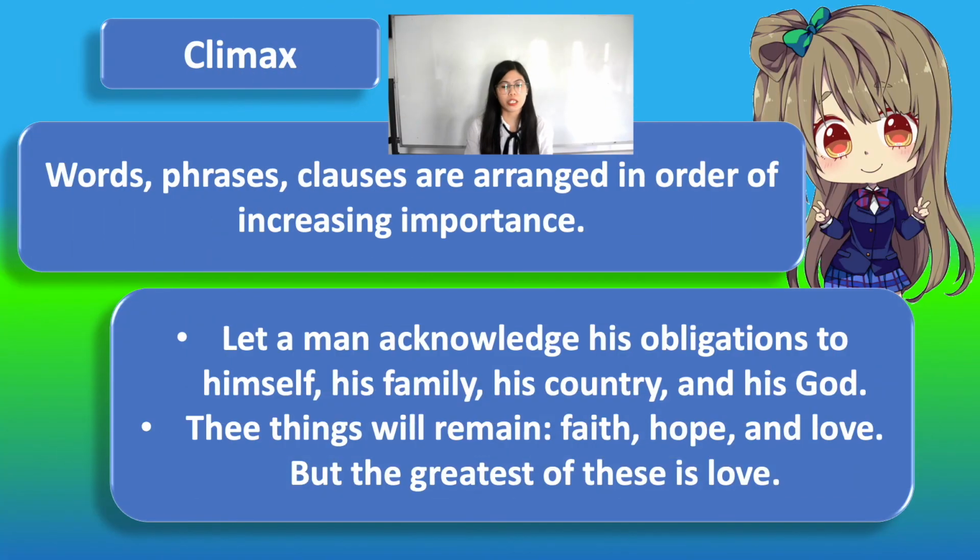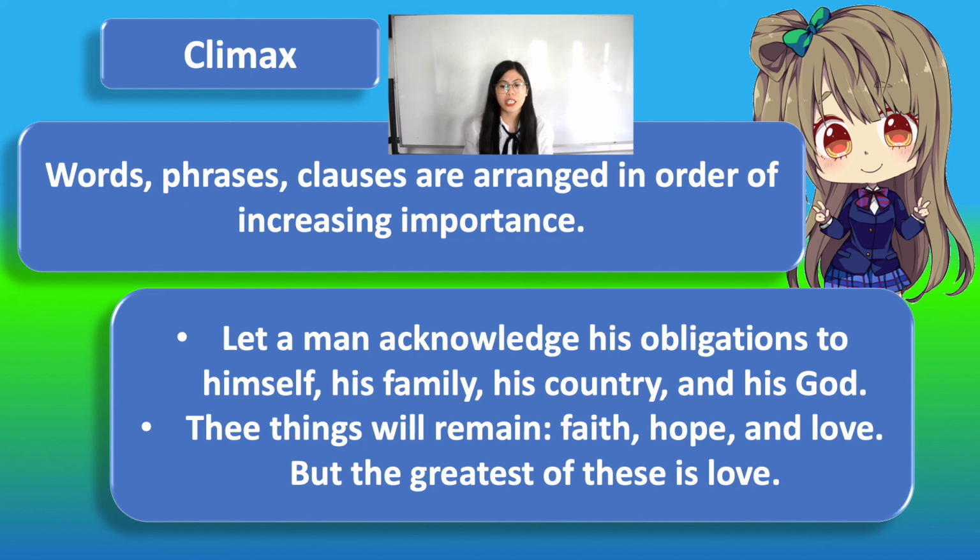Next, we have the climax. The climax is the words, phrases, or clauses arranged in order of increasing importance. So this is the reverse of anticlimax. Here it shows the highest point of interest, or an order of increasing importance or value. Example: let a man acknowledge his obligations to himself, his family, his country, and his God.